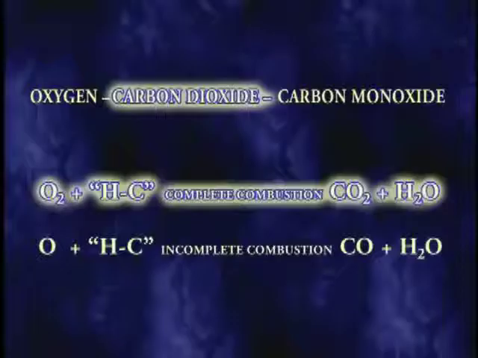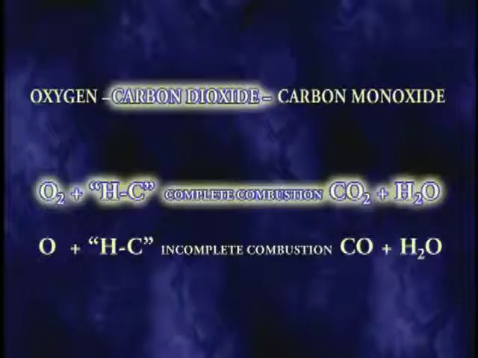When it burns in the flame of combustion with oxygen, oxygen supports combustion, the product is usually carbon dioxide and water. We can deal with the water, we can deal with the carbon dioxide, 2 oxygens.